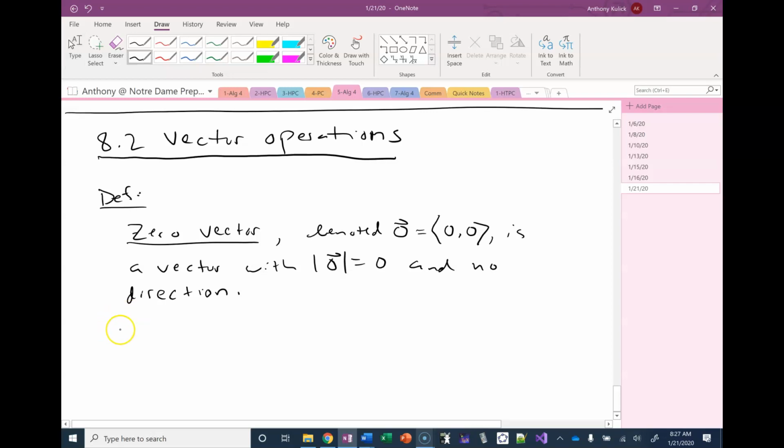Okay, so the next thing we want to do is talk about the sum, sometimes also called the resultant.